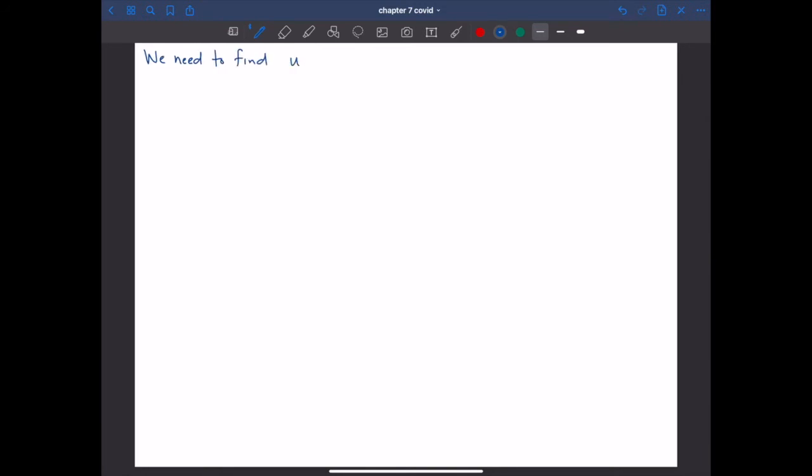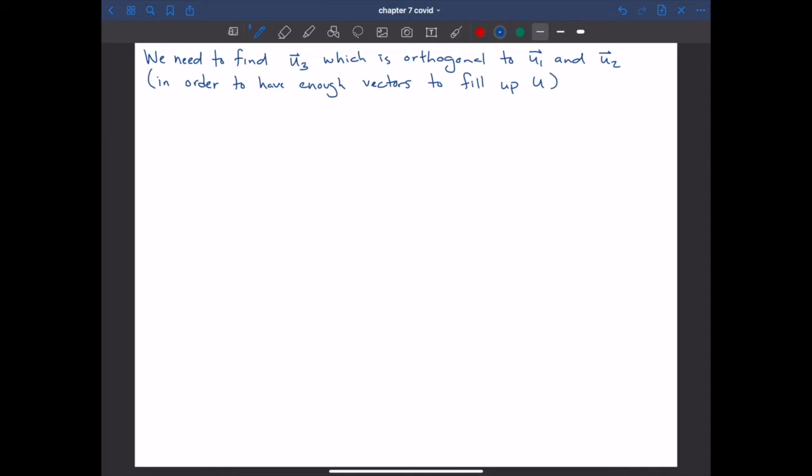We need to find a vector U3 which is orthogonal to the 2 vectors we already have, in order to fill up the matrix U, which is supposed to be 3 by 3.